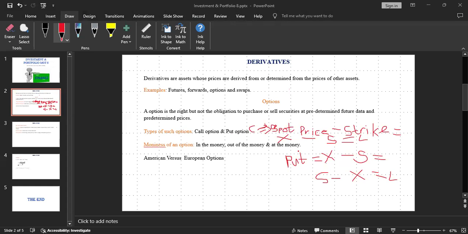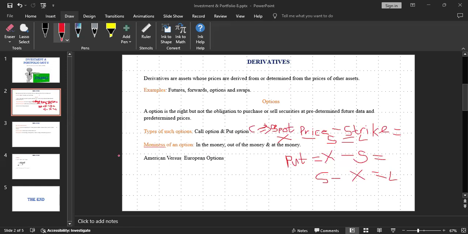Then we say at the money. So for you to remember them easily, when any of them is making a gain at the time the contract is being executed, it's in the money. If any of them is making a loss at the time the contract is being executed, then it's out of the money. If any of them is breaking even, then it's at the money.